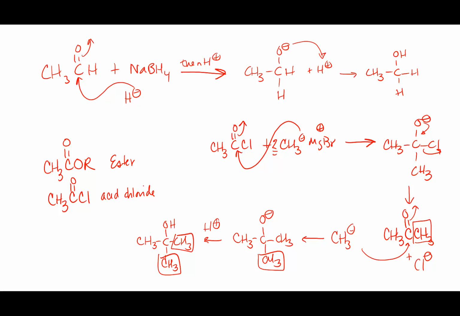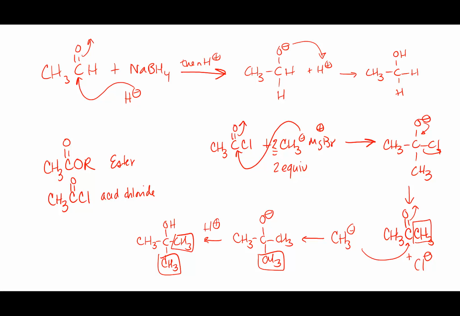But I'm basically either going to use 2 equivalents of Grignard or I'm going to use excess. So that's the difference in these two molecules. Esters and acid chlorides, I have to react 2 equivalents of the Grignard, and I'm going to basically get a tertiary alcohol of each one of them.